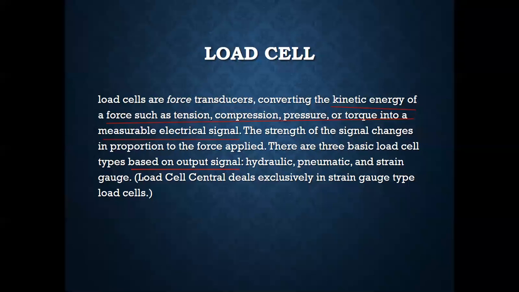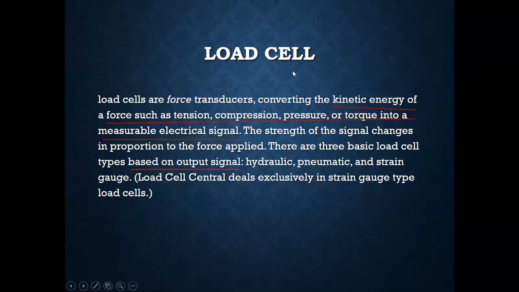The next one is the load cell. A load cell is a force transducer, converting the energy of a force such as tension, compression, pressure, torque into a measurable electrical signal.